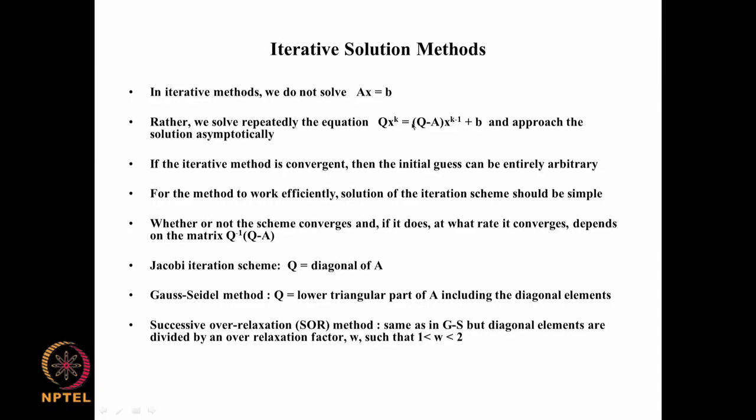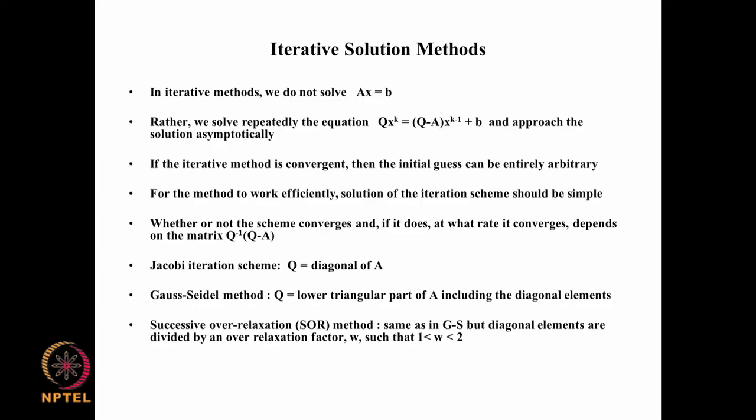So that nature by which improved solutions lead eventually to the final solution is known as a convergent scheme. Okay, so if you have a convergent scheme, then you can start with some arbitrary initial guesses and march forward in a sequential way to get to the final solution. So that will make it attractive, and although we are doing all these inverses, we will see that when we are actually solving a large number of equations, we do not have to construct the inverse.